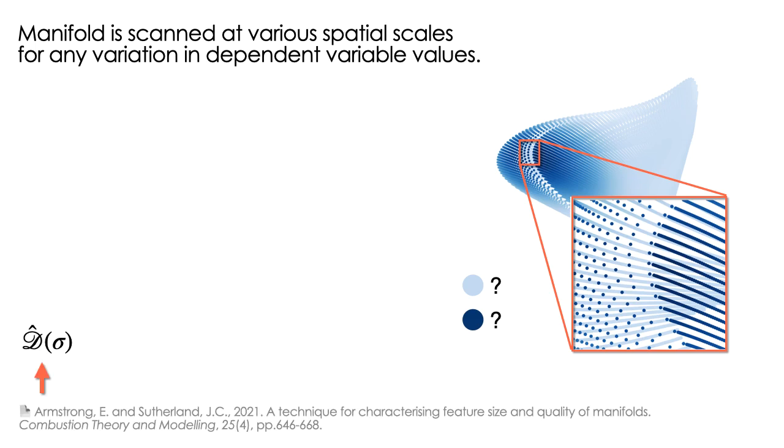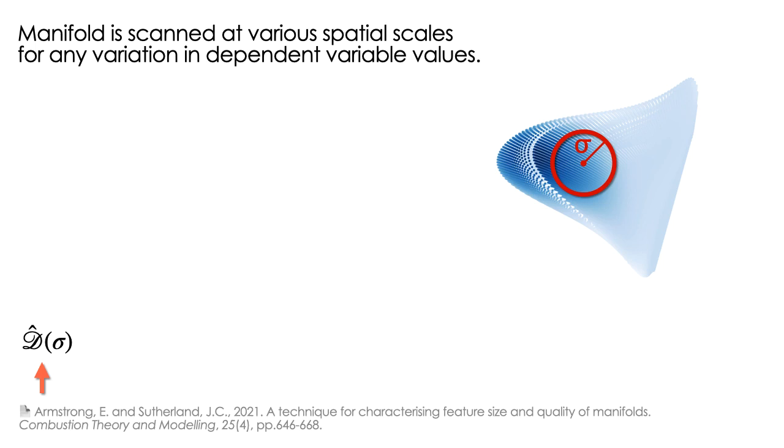And the starting point for building our cost function is the work done by Elizabeth Armstrong and James Sutherland. They proposed this metric, this D-hat metric, for characterizing manifold quality. And basically what this metric does, how it is constructed, is we scan that manifold for any variation in the dependent variable values at different length scales.